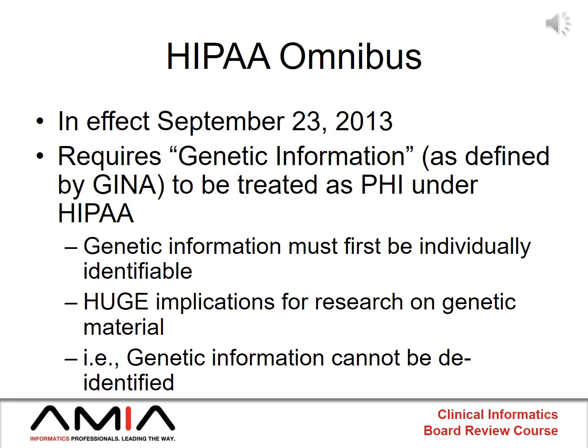However, with the advent of next-generation sequencing and the presence of benign polymorphisms, the combination of which could identify an individual patient, caution is advised in disclosing any genetic sequencing information on a patient. Obviously, this has huge implications for research on genetic material, and it is the first example of laboratory-generated data that cannot be de-identified without altering the data you are seeking to examine.